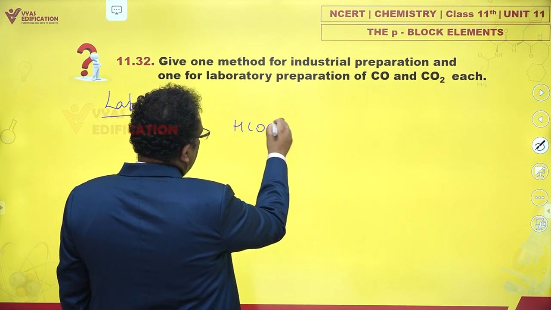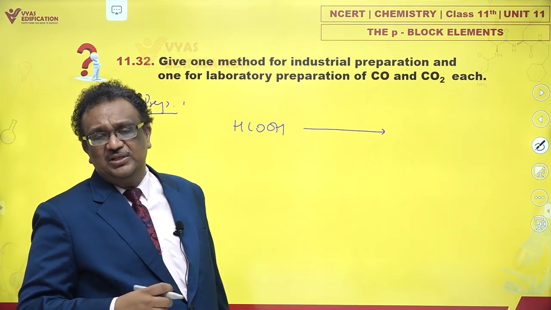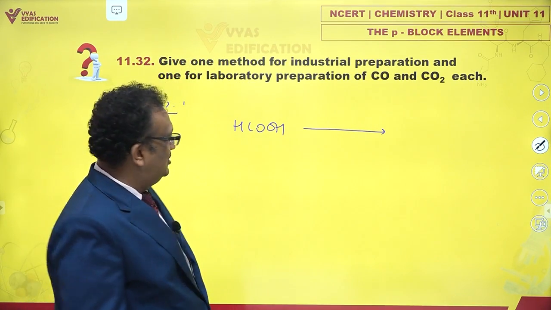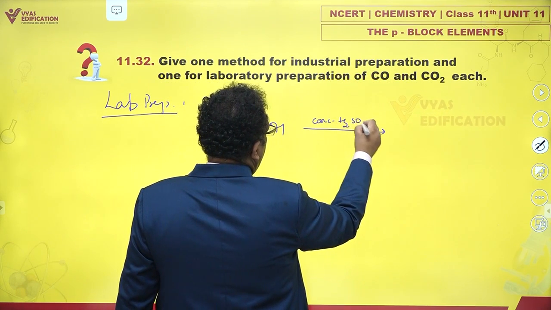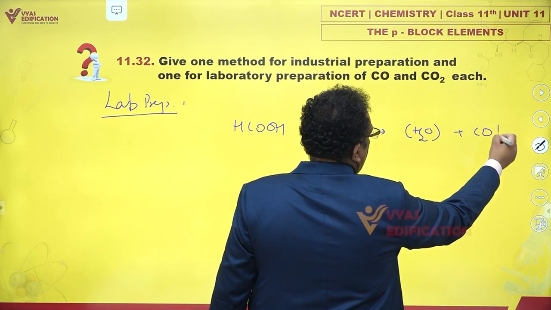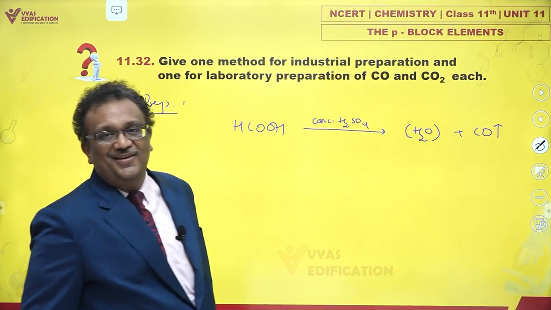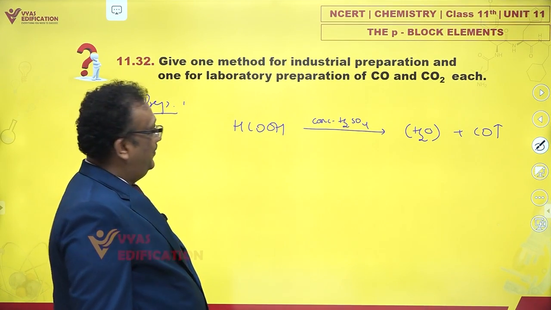You take formic acid, and if you dehydrate formic acid using any dehydrating agent like concentrated H2SO4, it removes water and you get CO like this. This is one way of obtaining carbon monoxide in lab.